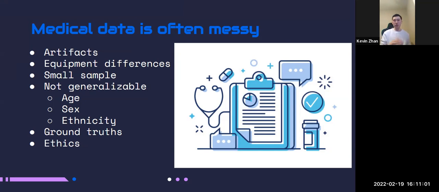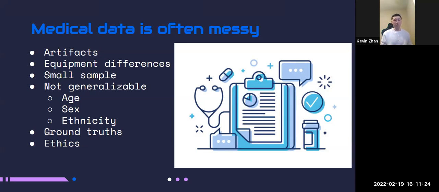And this can also extend to populations or samples with the same age, same sex, or same ethnicity. And this might not be able to generalize to different clinical settings if you want to implement your model somewhere. So being conscious of having a very diverse sample is quite important when you're getting the data for this.